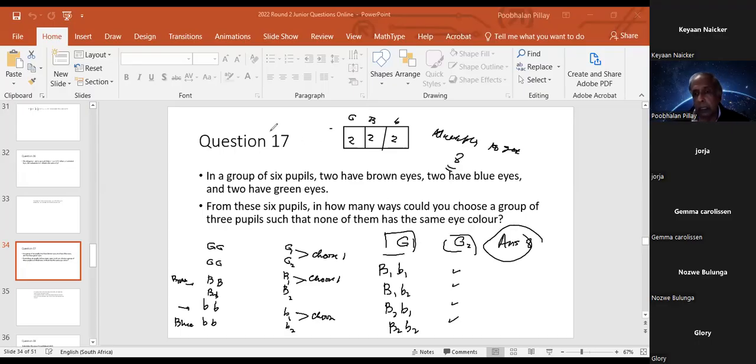So the easy way is, how many ways can you fill the first box? How many ways can you fill the second box? How many ways can you fill the third box? And then if you want to know how many ways you can fill all the 3 boxes together, you simply multiply the whole lot and you can get to the answer. So the answer to question 17 is 8.